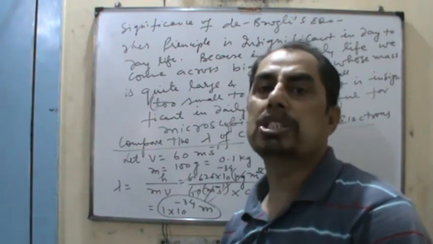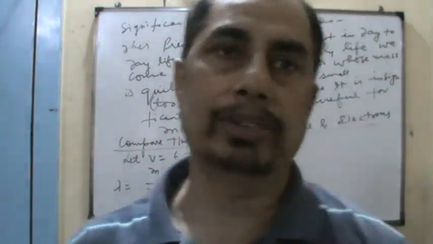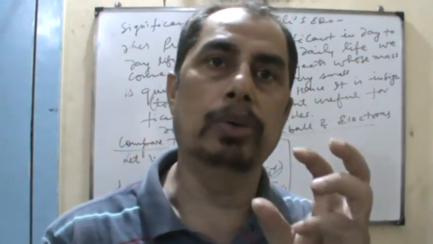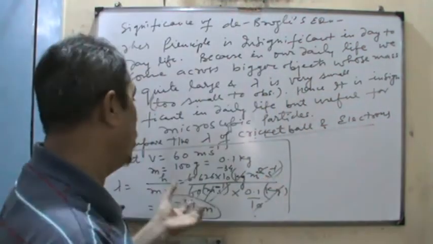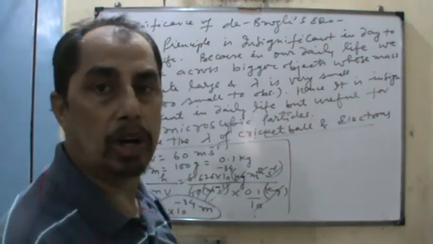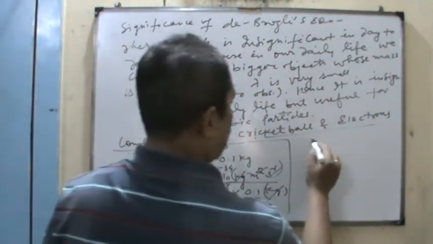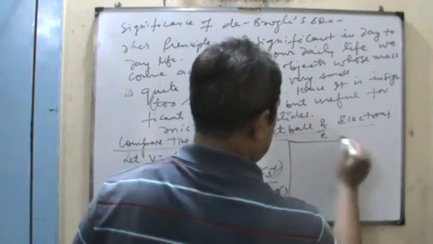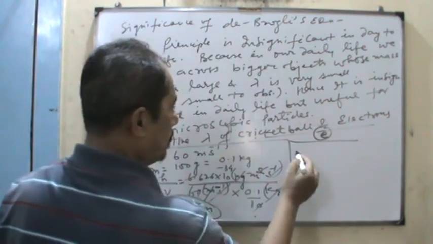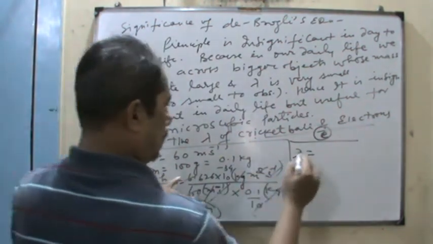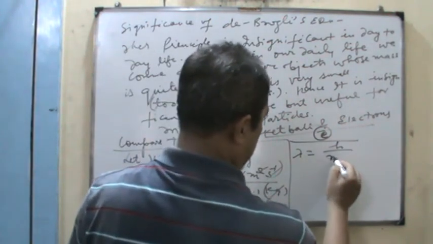Therefore, it is impossible to calculate the wavelength of such a cricket ball whose mass we have assumed to be 100 gram or 0.1 kg. And the velocity is common for the electron also. On this side, take the electron: lambda is equal to, again, h upon mv.